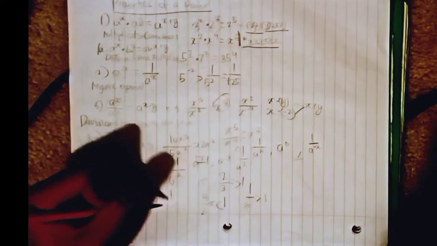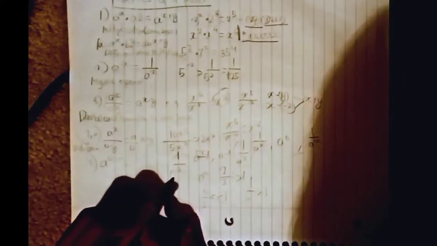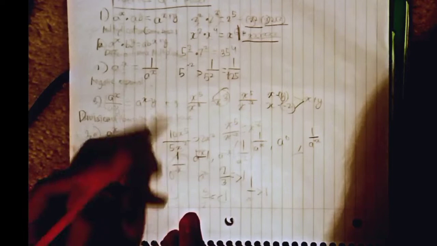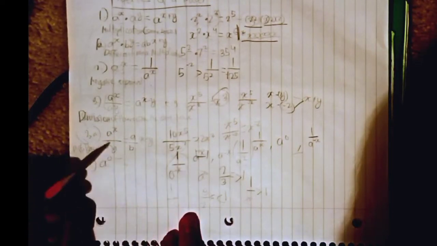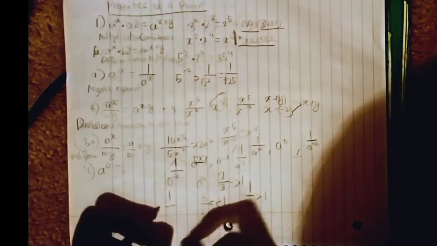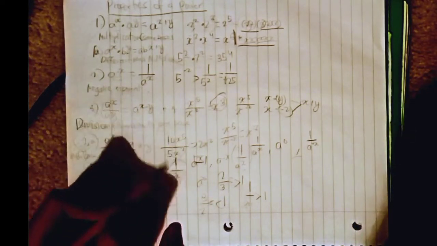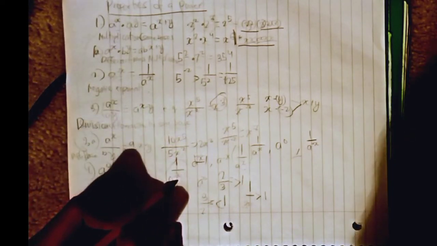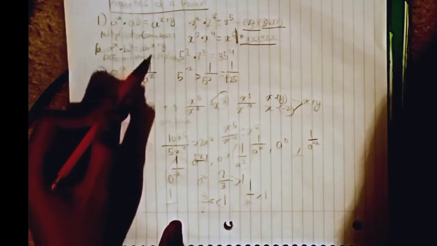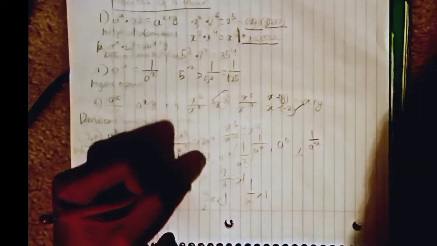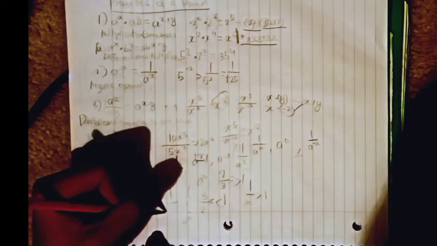Now, if a has a negative x, we would assume that that number would be negative. Let's ignore that; this will turn into a fraction because that's like 1 over a to the x. Assume that that's a negative number.